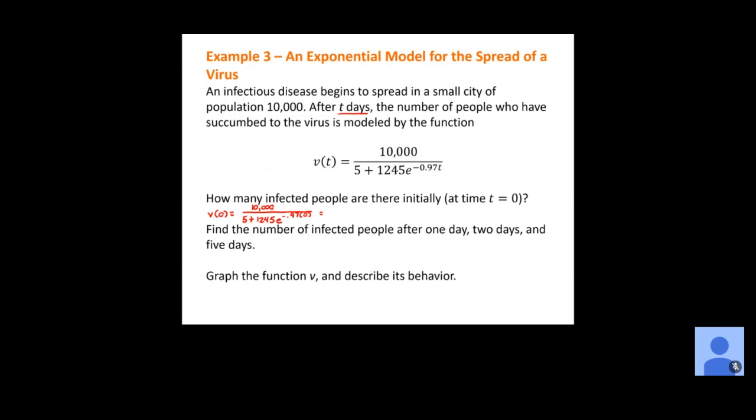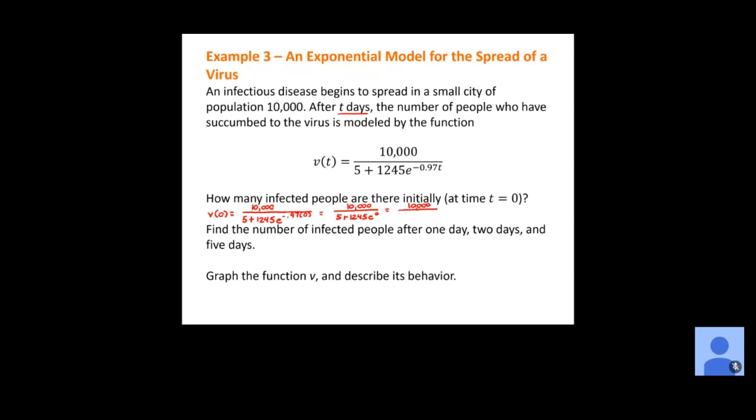Or you could go step by step and solve it. If you were to do that here, this one's not too bad, actually. We have 10,000 over 5 plus 1,245. This is going to give us e to what power? E to the 0, right? Well, what's e to the 0 power equal to? 1, right?